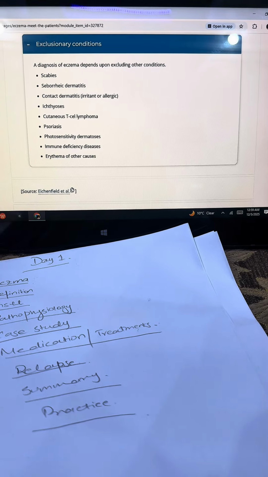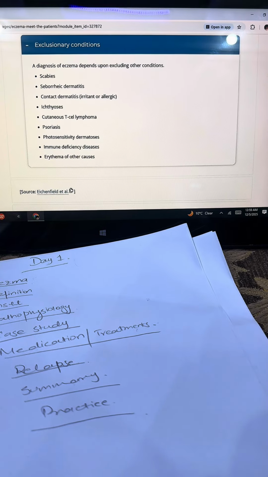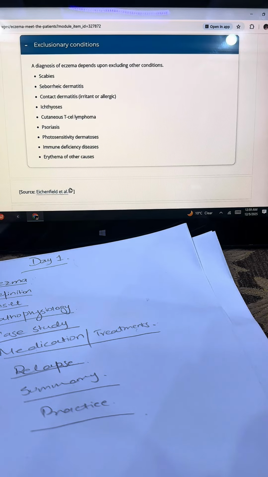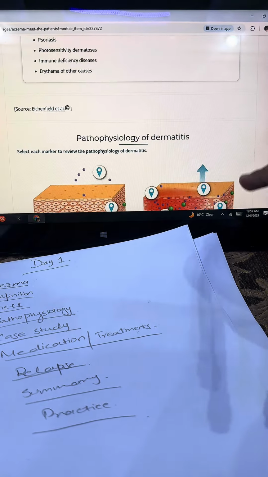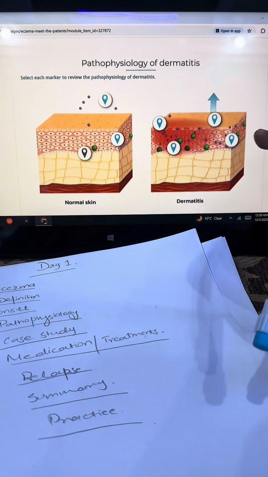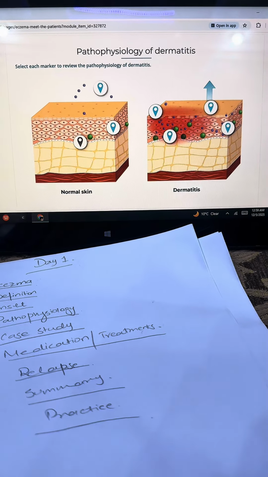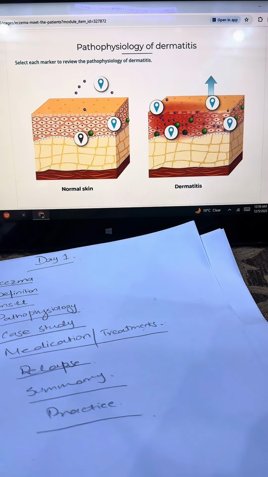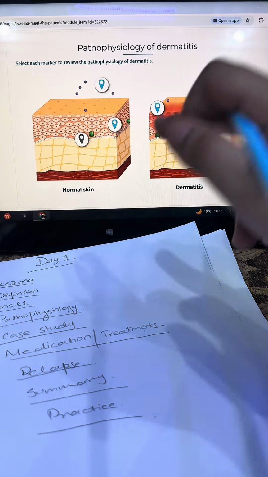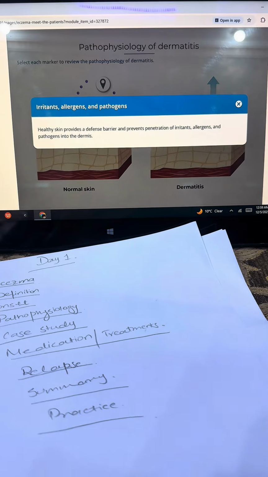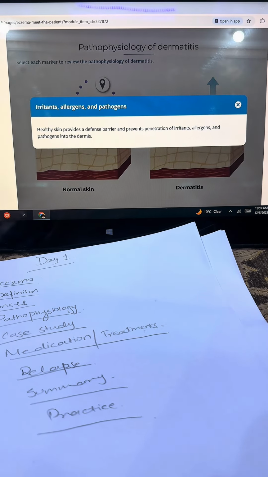We already discussed this in the last slide. Photosensitivity, immune deficiency, and eczema. In the pathophysiology of dermatitis, in this picture we have two different stories. In normal skin, irritants, allergens, and pathogens are kept out.